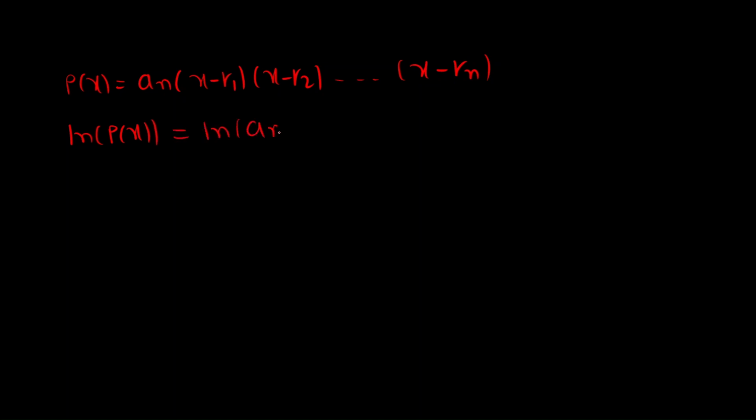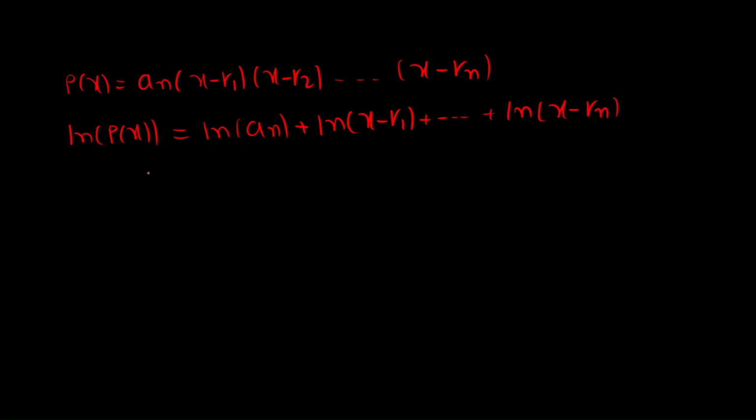We took P of x is equal to an times x minus r1 times x minus r2 till x minus rn. Now what I'll do is I'll take natural log on both sides. I'll get ln of P of x is equal to ln of an times the product, and since the logarithm breaks multiplication, I can write it as ln of an plus ln of x minus r1 plus so until ln of x minus rn.